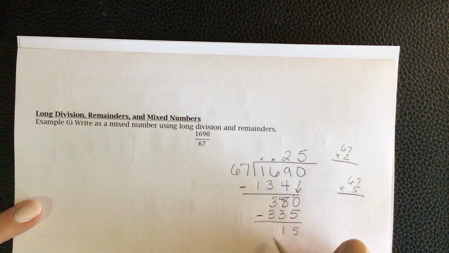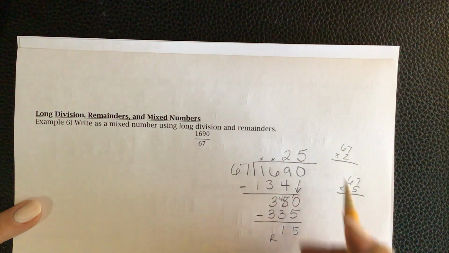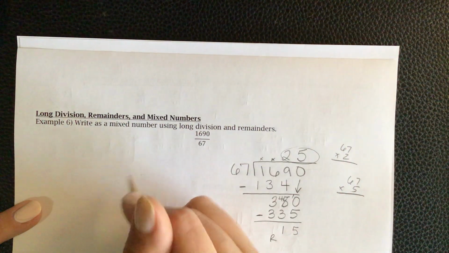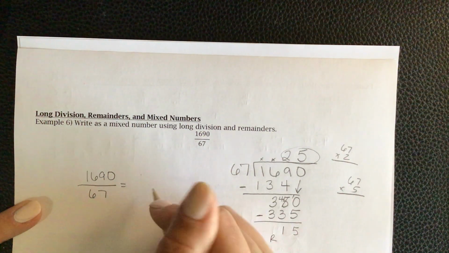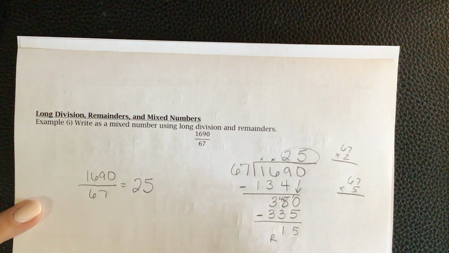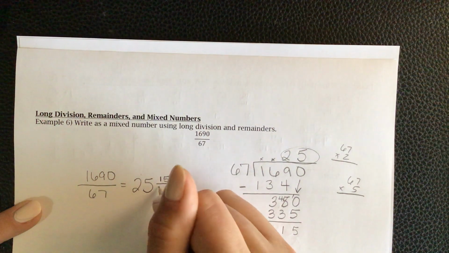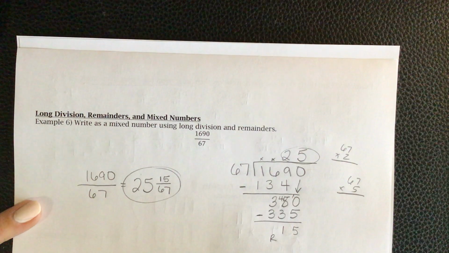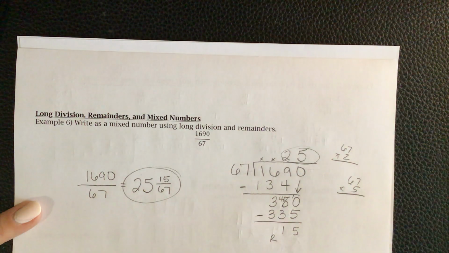I don't have anything left, so this becomes my remainder, and remainders become fractions. So it'll be 15 over 67. So we have 25 wholes. So 1,690 over 67 is 25 complete sets with 15 left over 67. And that is 3.2, mixed number notation.